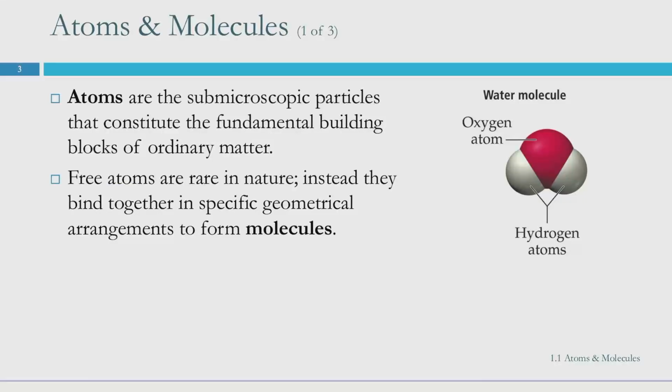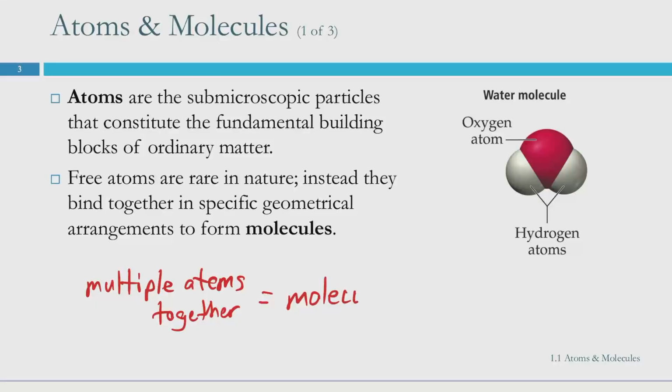It's usually joined with a couple of other things. And when atoms join together, multiple atoms together equals molecule. So if you stack a couple of these little Lego blocks together, you get a molecule.